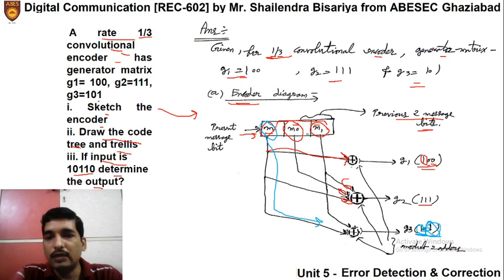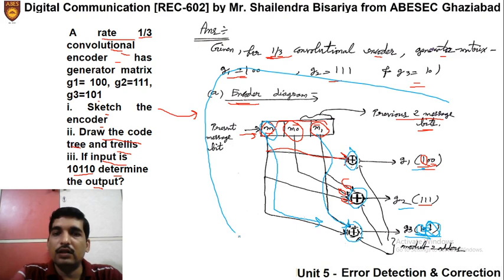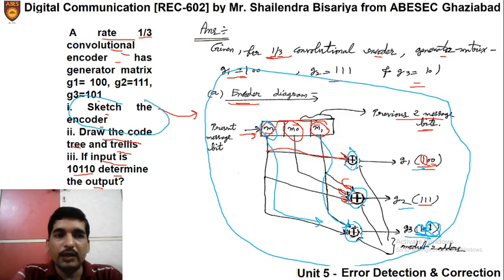The third bit is this one, so M1 is connected. This is the output G3, this is the output G2, and this is the output G1, obtained by XORing these terms as we have discussed. In this manner we can draw the encoder diagram. I hope this encoder diagram is simple and clear to everyone.